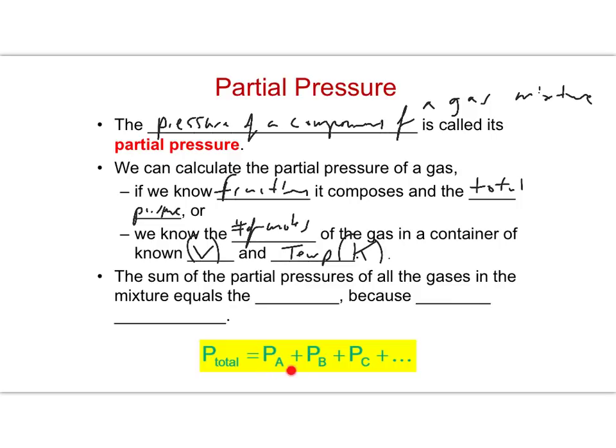For example, say you had three components in a mix, you add the partial pressures of those three components up, and that'll give you the total pressure. And the reason you can do that is ideal gases behave independently.